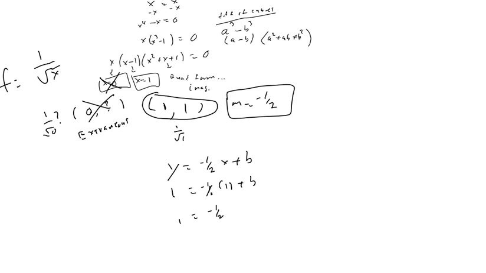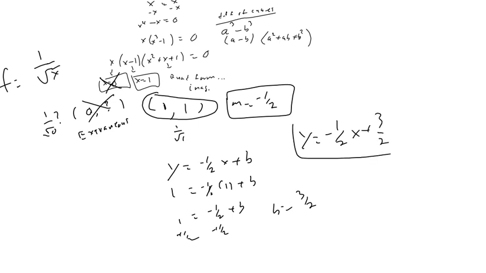Add the 1/2 to both sides. B is equal to 3/2. So y equals negative 1/2 x plus 3/2, and that's where that comes from, finding the b by finding the equation. So you found the point, you found the slope, you found the derivative.